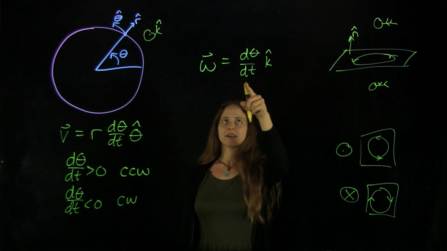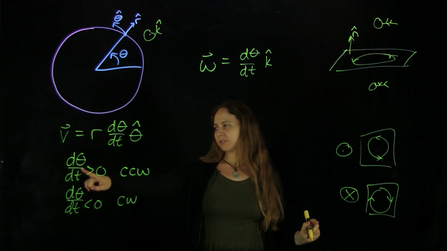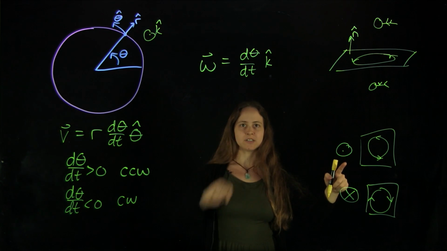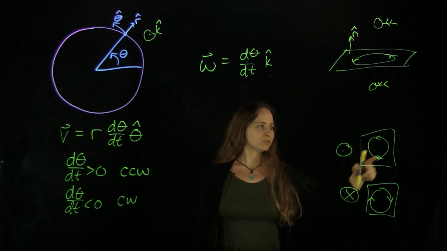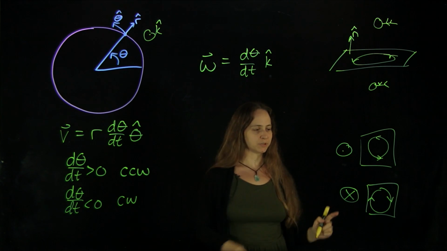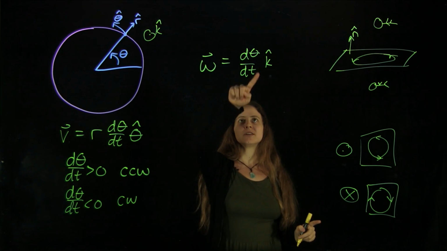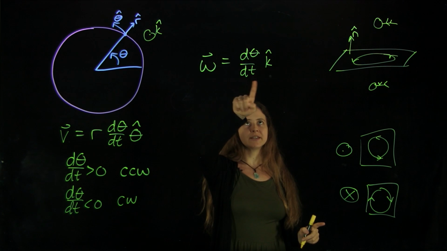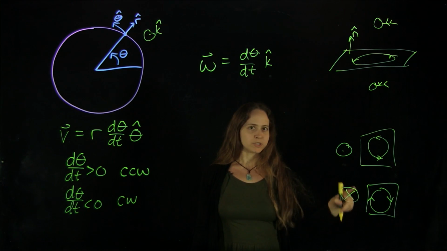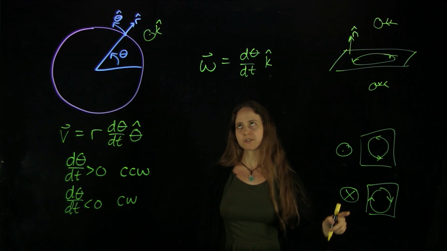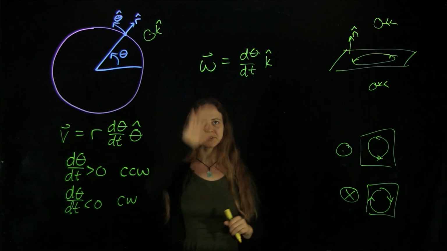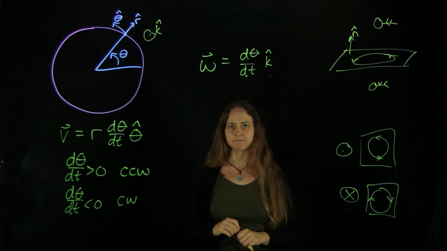So omega is d theta dt k hat; when d theta dt is positive, k hat is in the same direction as this unit normal that we've defined that defines both the plane of the motion and the direction of the motion. And when d theta dt is negative, I have that omega is in the negative k hat direction, which is exactly this direction here that we've defined as being the motion for this plane. And so this is how we define angular velocity.